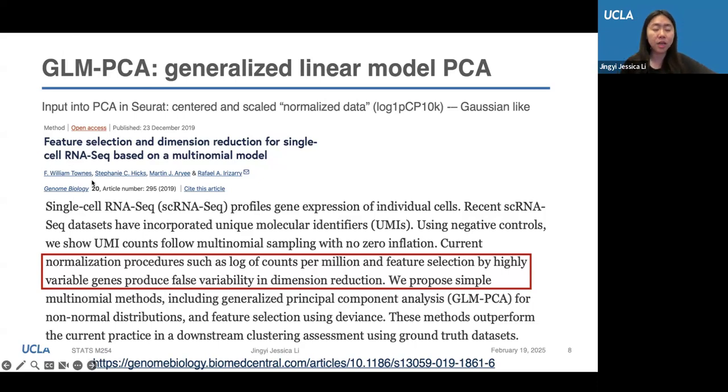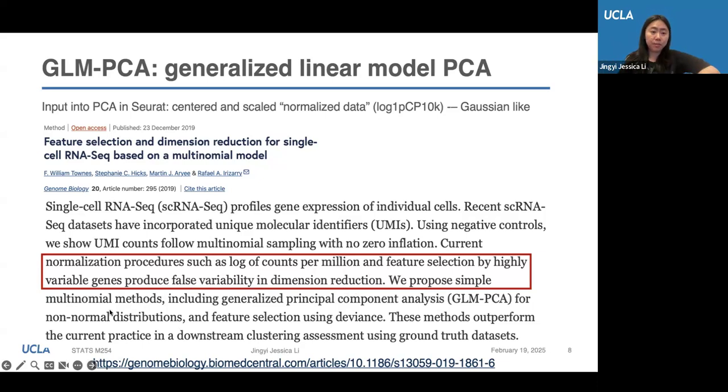But this paper, which questioned this approach, said that the current normalization procedure, such as log of counts per million, so log 1p CPM, and feature selection by highly variable genes, which we also talked about, produce false variability in dimension reduction. We'll see what they mean by false variability.